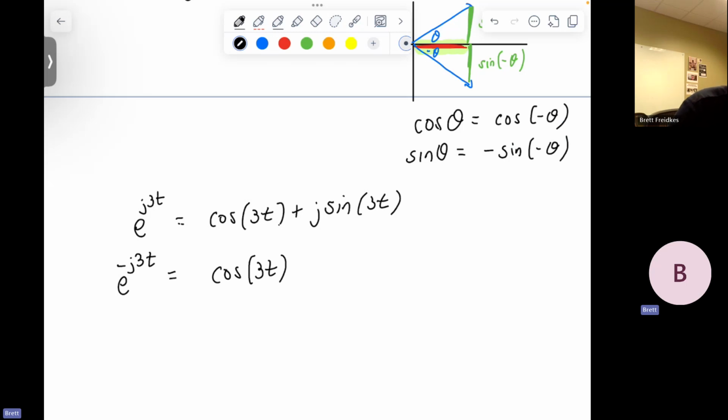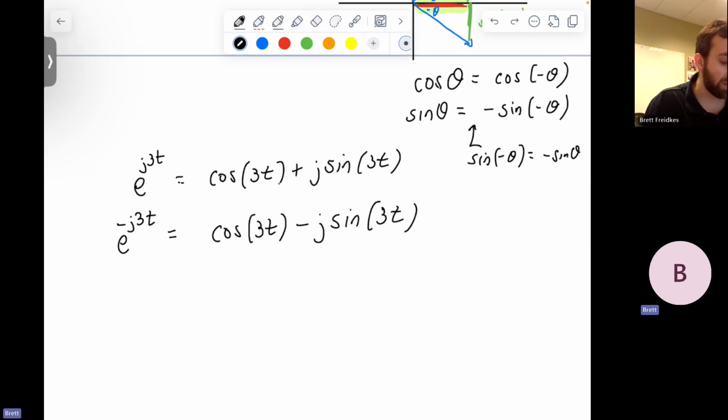And I know that sine of negative 3t is going to be the negative of that. We can also write this one as sine of negative theta is equal to negative sine of theta, which is what we just did here.